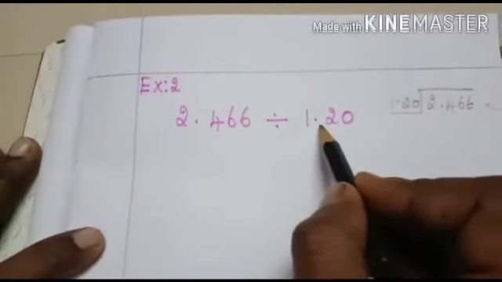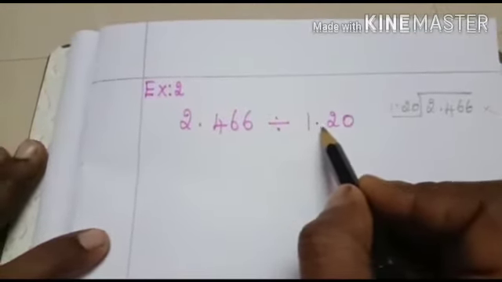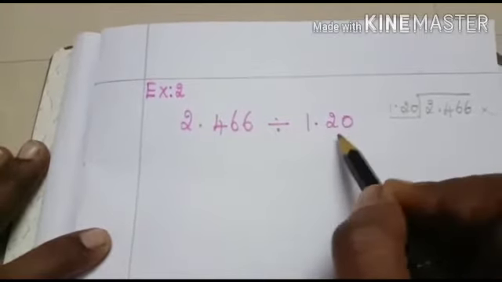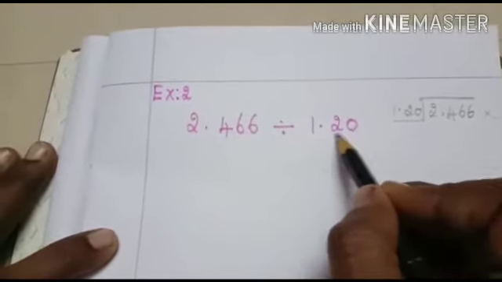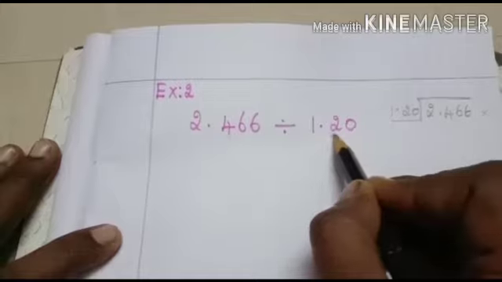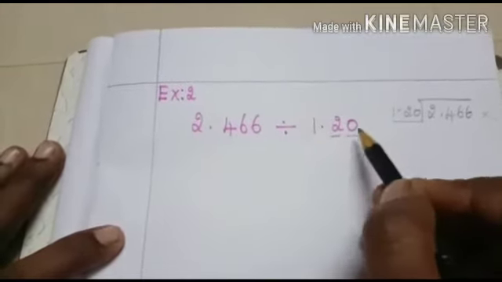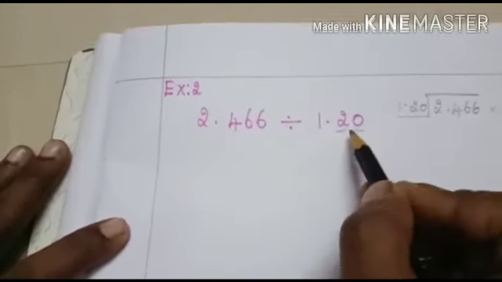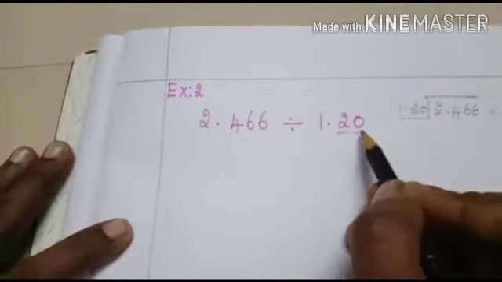We have to remove the decimal point. In order to remove it, first we look at the decimal places. Here there are 2 decimal places, so we have to multiply both the numbers by 100.